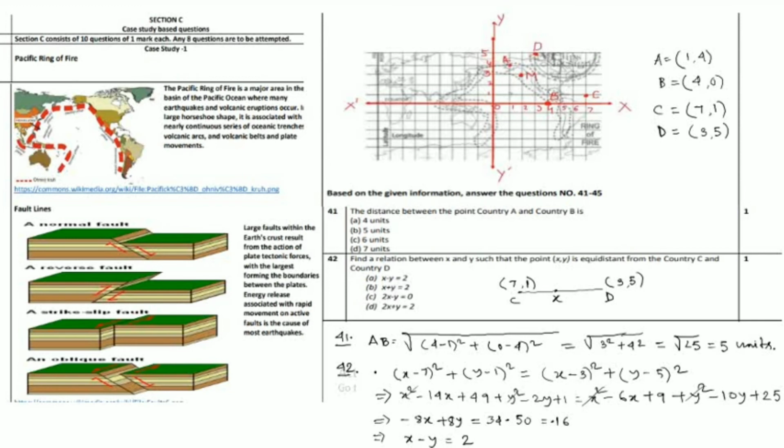The coordinate of B will be 4, 0. Coordinate of C is 7, 1, and coordinate of D is 3, 5, and it will be helpful to do the sums.